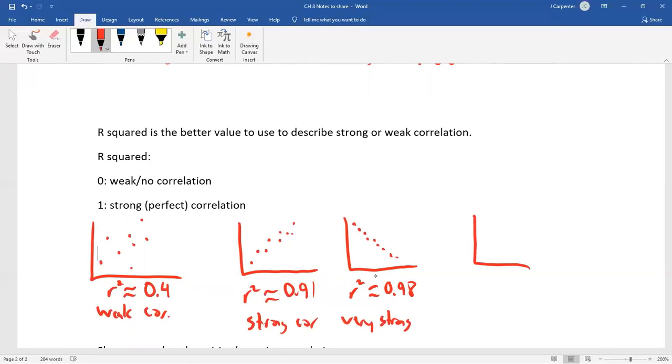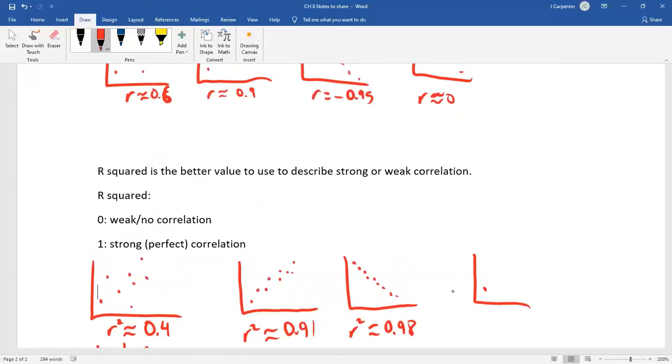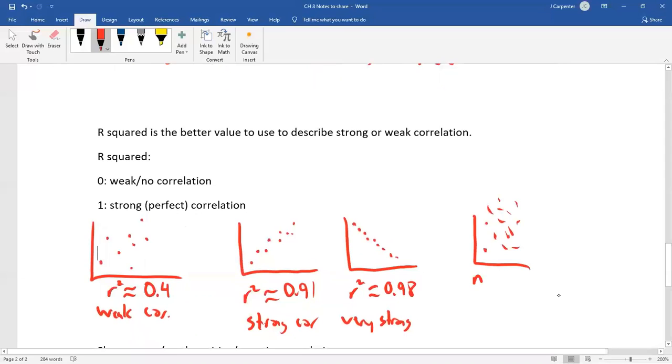But I can't tell that it's a negative correlation based on the r squared. I have to look at the data and say, oh, that's a negative slope. That would be negative correlation. And then finally, just random points, whatever. This we said would be no correlation. So the r squared is probably like 0.01. No correlation at all.